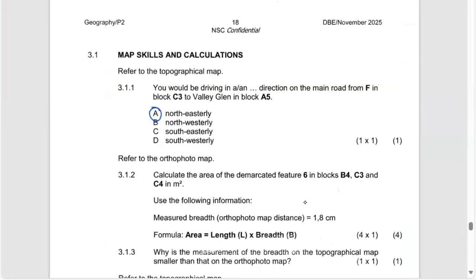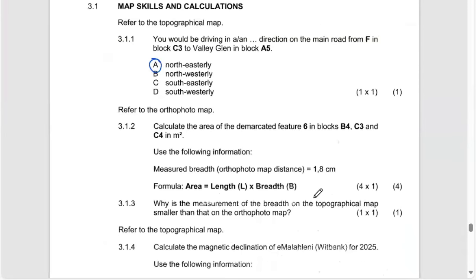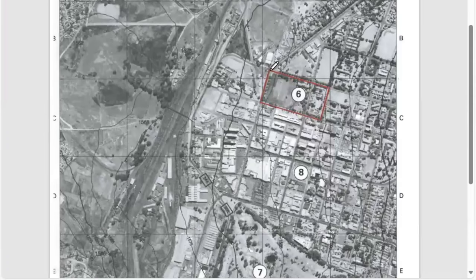That is the direction. Refer to the orthophoto map, calculate the area of the demarcated feature 6 in block B4, C3 and 8, and C4 in square meters. We are told that the breadth of the area is 1.8 centimeters. This is an extraction from an orthophoto map. We are looking at this area here, the red demarcated area labeled 6.